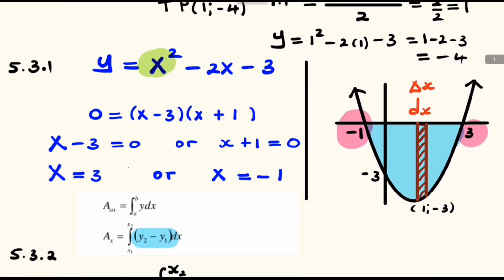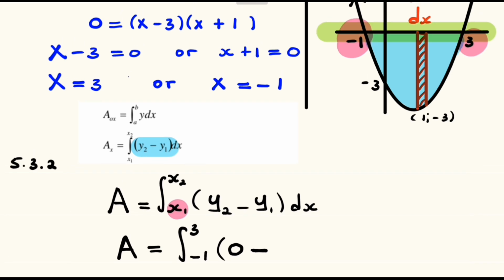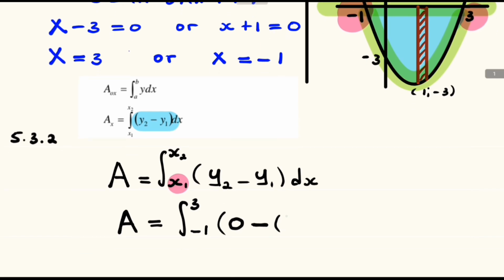So on our area, we start by writing the function which is at the top of the area. So in this case, y equals 0. So we place y equals 0 at the beginning of the integral minus y1. So the second one will be the function which is below the area, the parabola. So we minus this with the parabola, x squared minus 2x minus 3, dx.